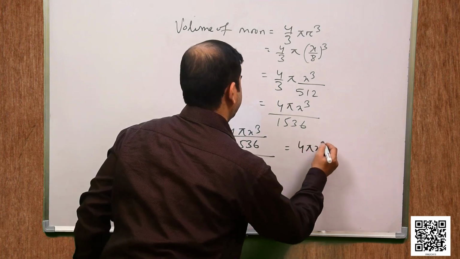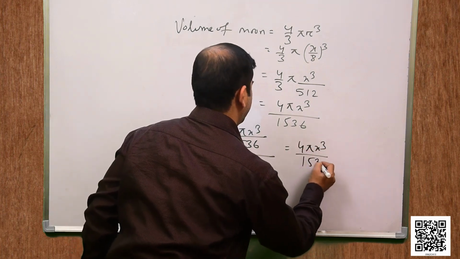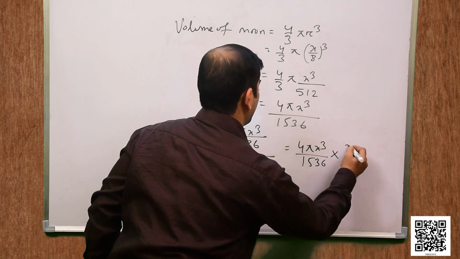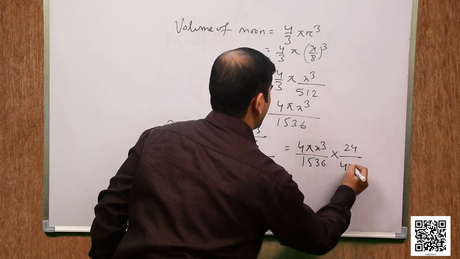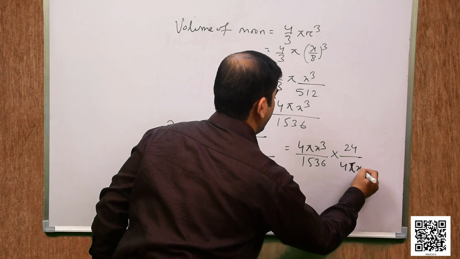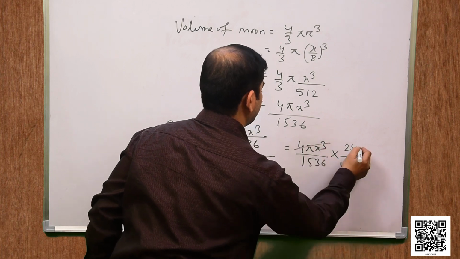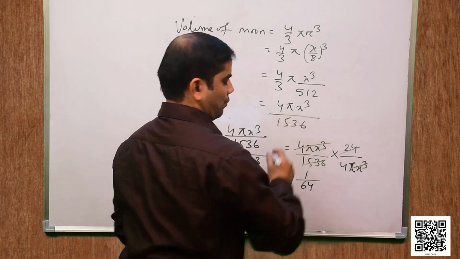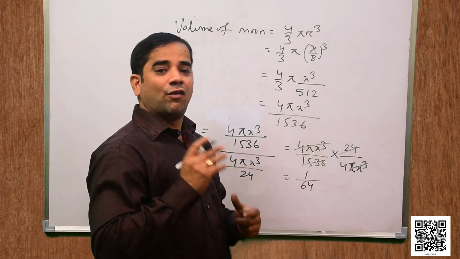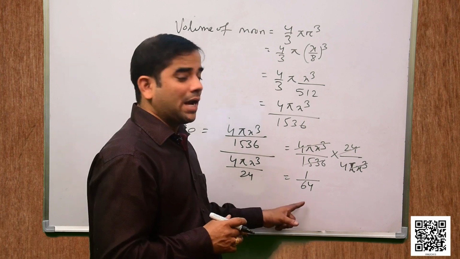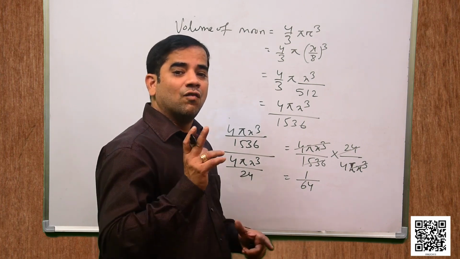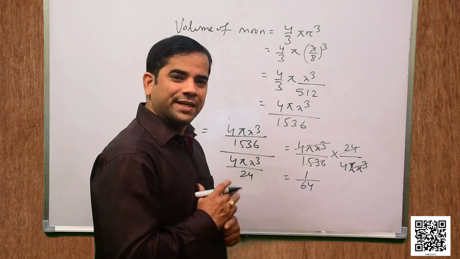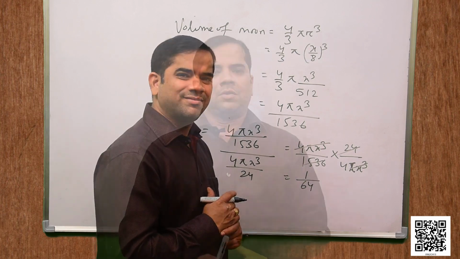That is 4 pi x cube divided by 1536 into 24 divided by 4 pi x cube. So, 1 by 64. That means the volume of the moon is 1 by 64 of the volume of the earth. Hope you understand the solution for this question.